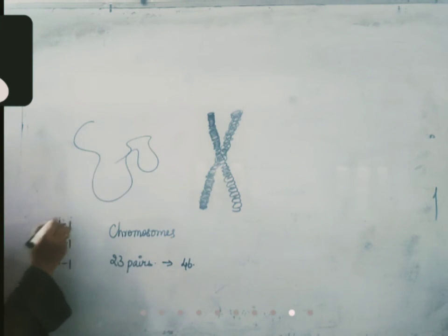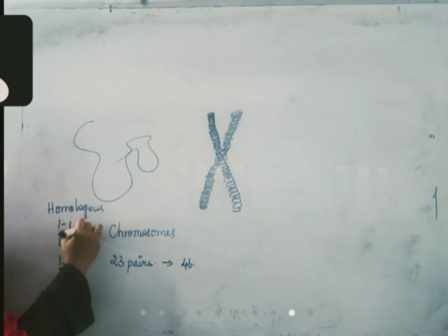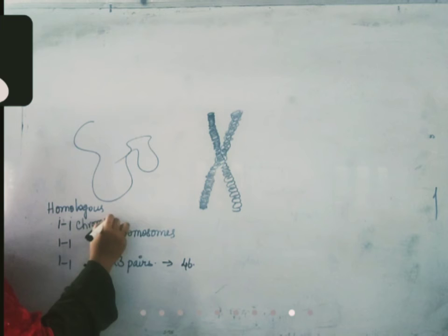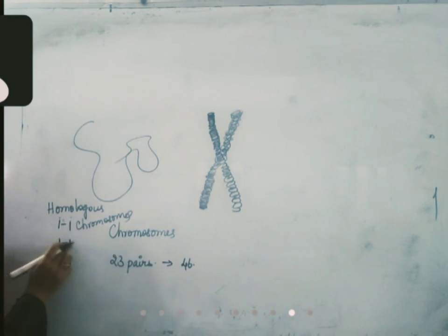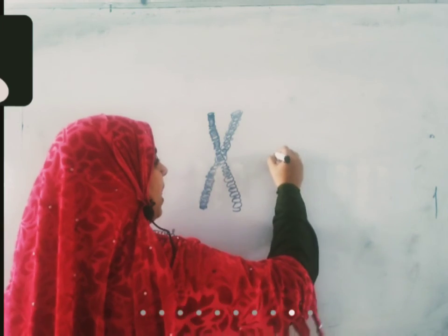This chromosome and this chromosome are called homologous chromosomes, similar in structure. Like that, 23 pairs of homologous chromosomes form 46 chromosomes. Each chromosome is made up of two chromatids.